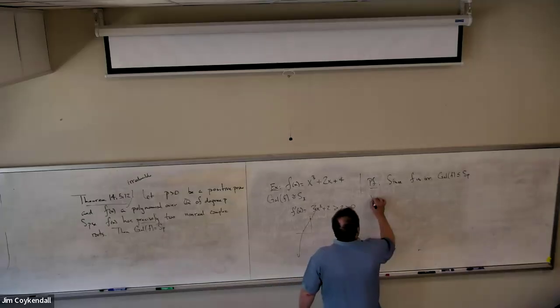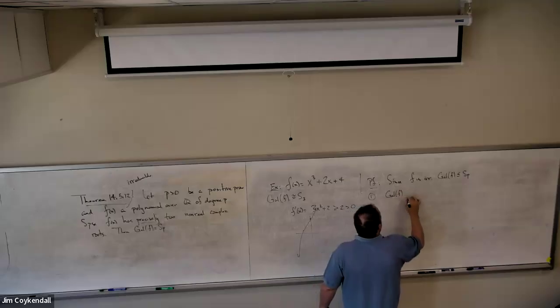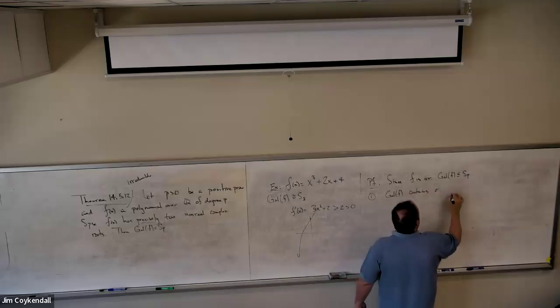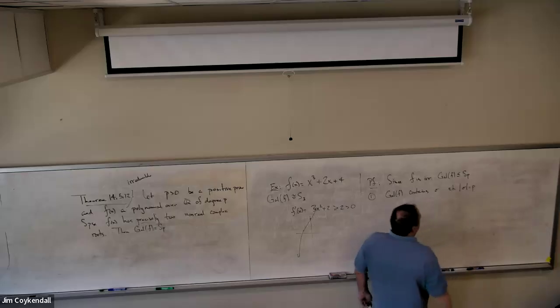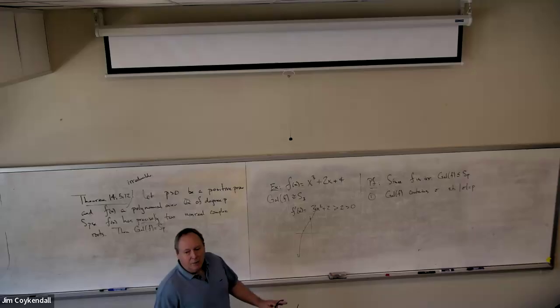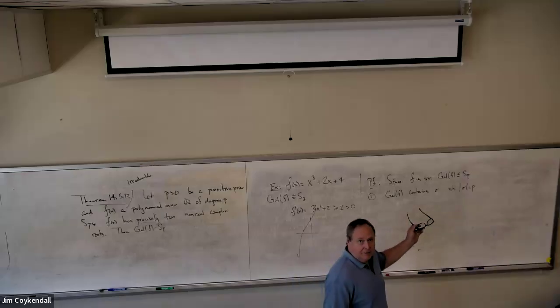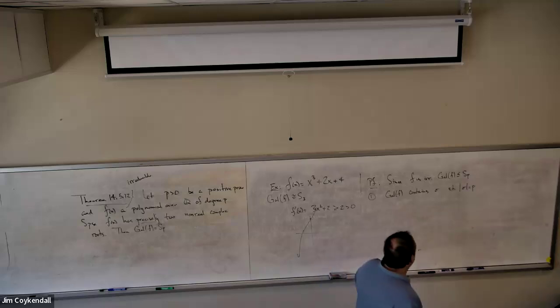Number one, the Galois group of f contains some element sigma such that the order of sigma is p. That was from the fundamental theorem of Galois theory, that you have to be a transitive subgroup of S_n, and you have to contain an element of order n.